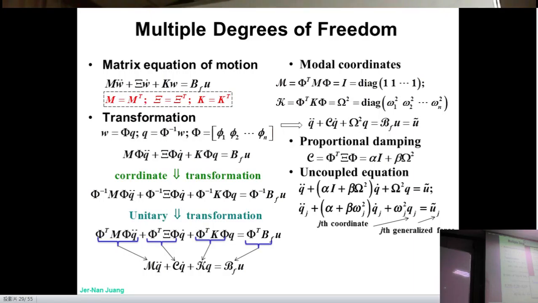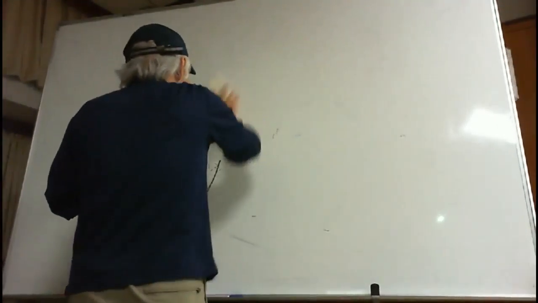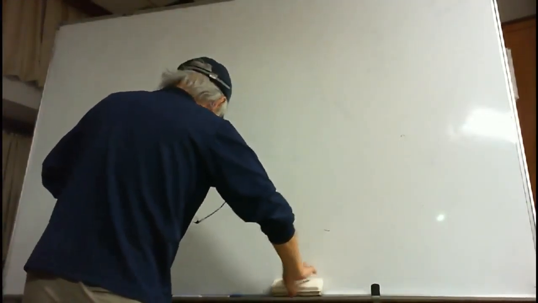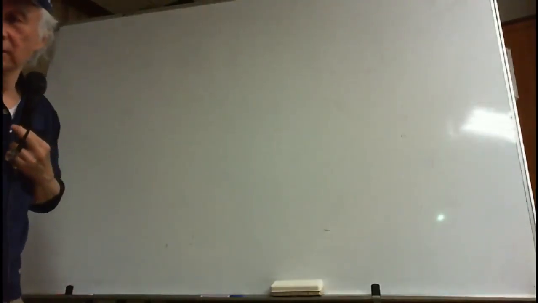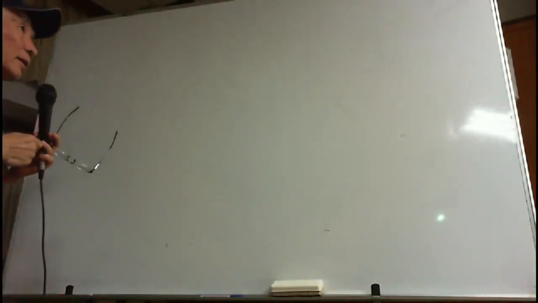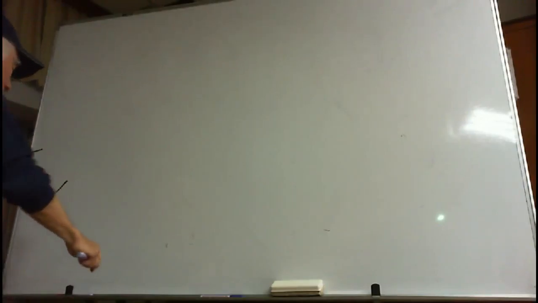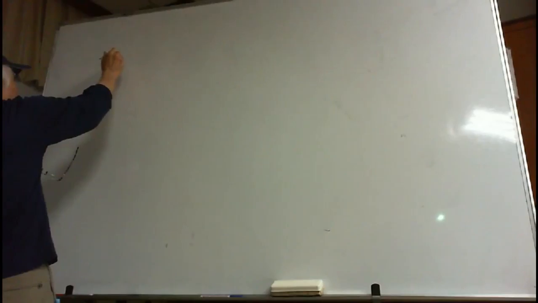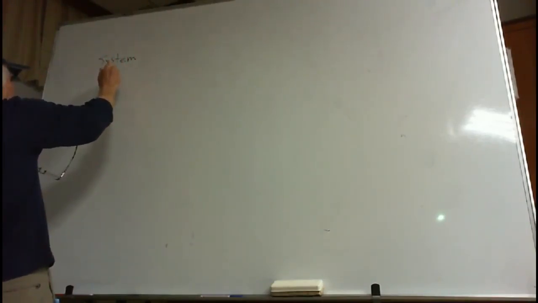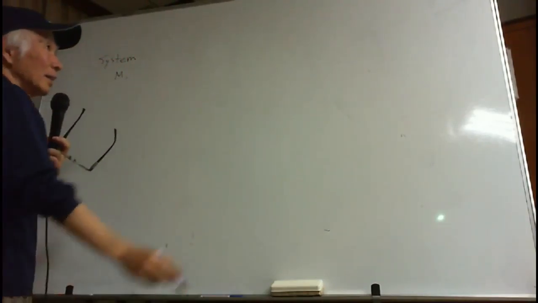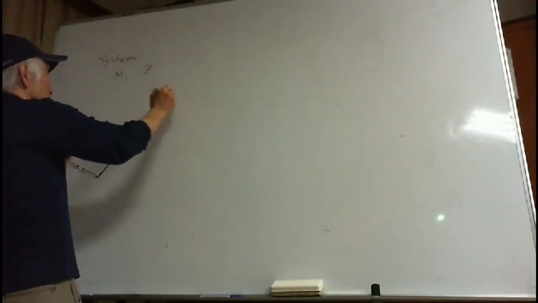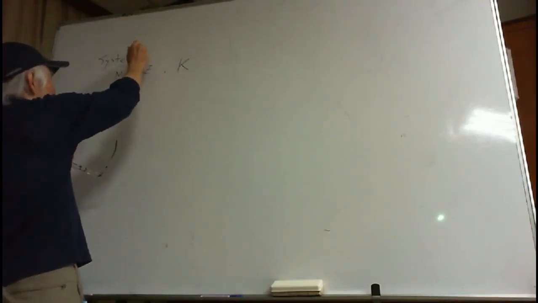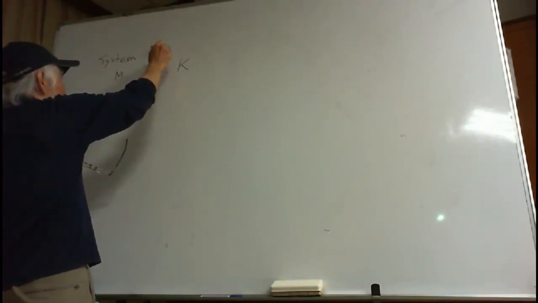Now this is my system: M, zeta and then K, in physical coordinates.